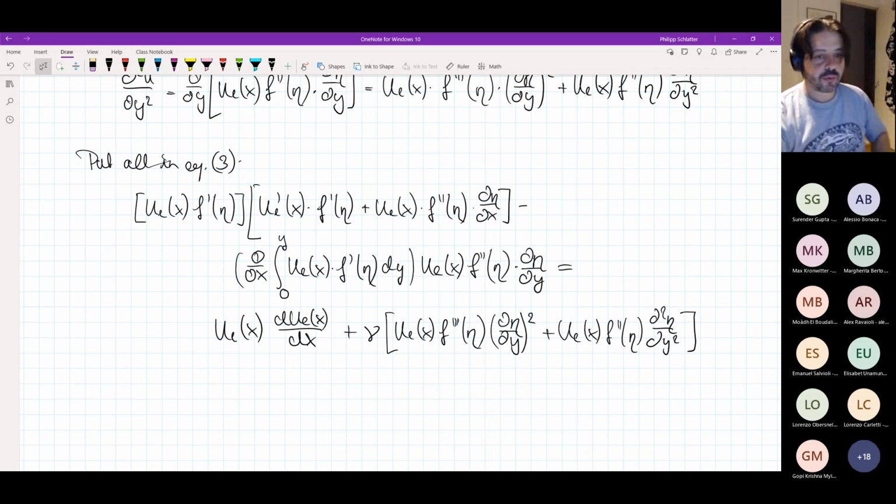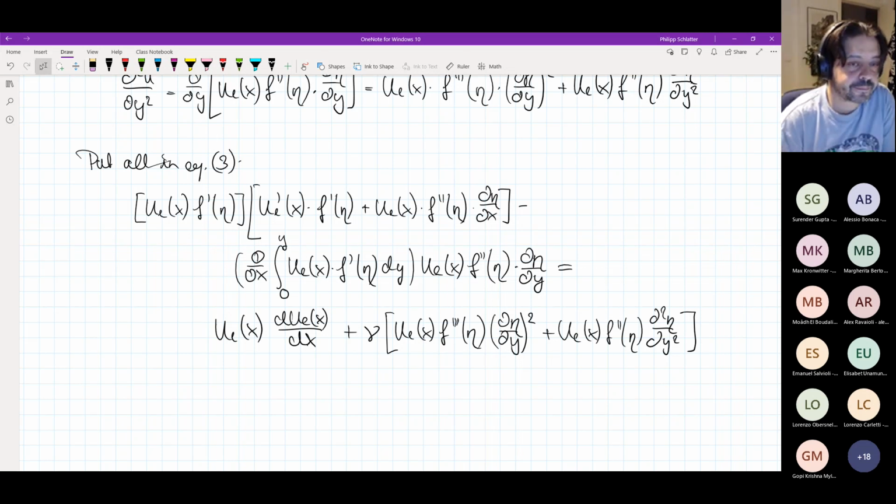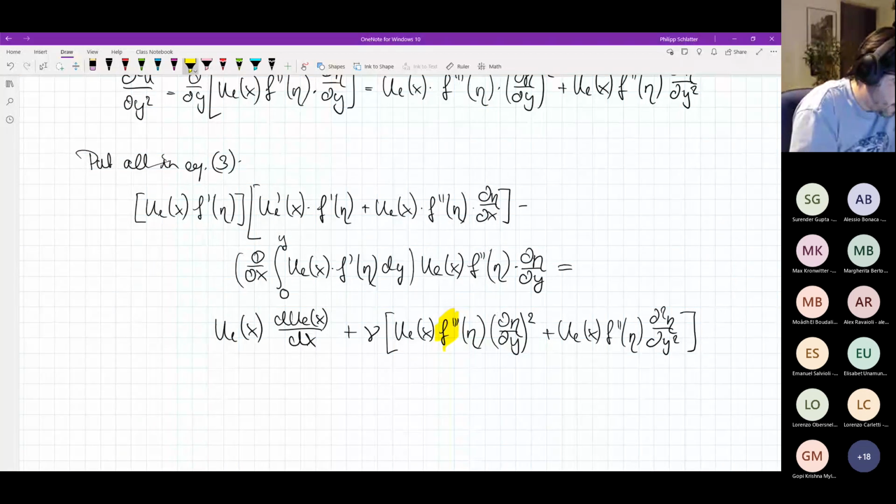Okay, so now we have all of these wonderful terms. Now we realize, of course, that there are different orders of derivatives of f in here. So we have here, for instance, f triple prime. We have f prime. We have f double prime, and so on.